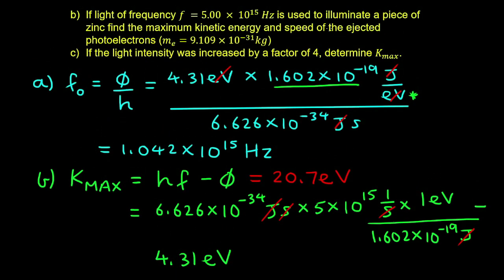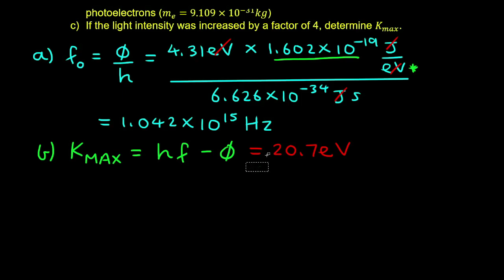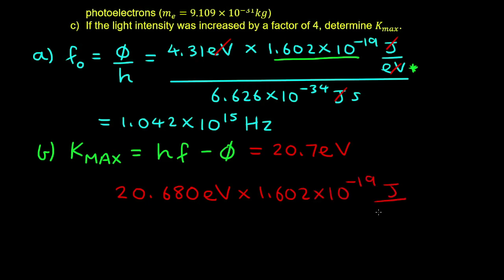We're also asked for the speed of the ejected photoelectron given the mass of an electron. So we have the maximum kinetic energy, and we'll use 3 decimal places, in electron volts. We'll convert this to joules, so we have 1.602 by 10 to the minus 19 joules per electron volt.